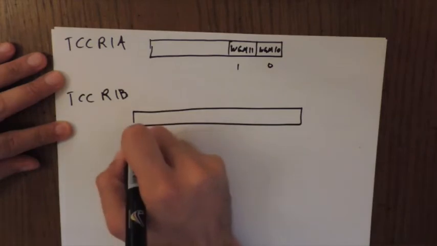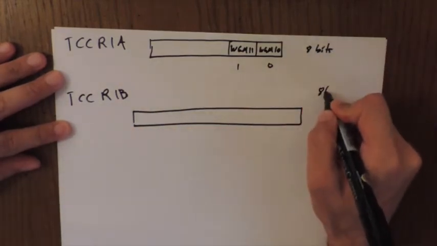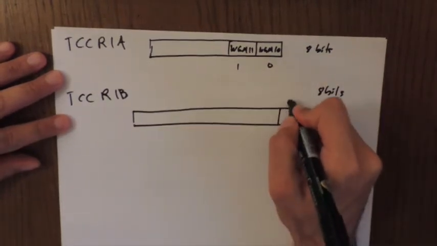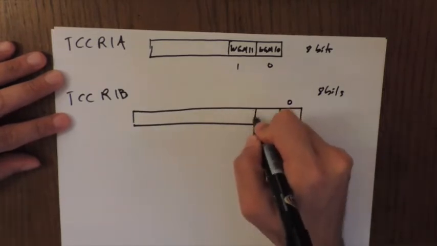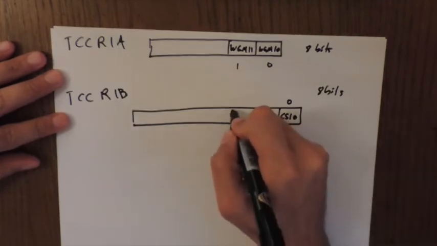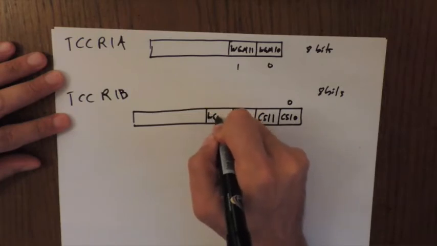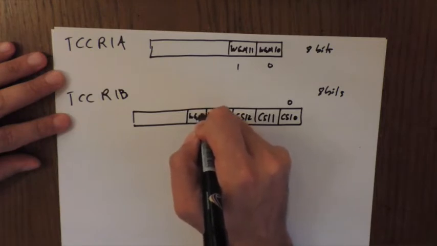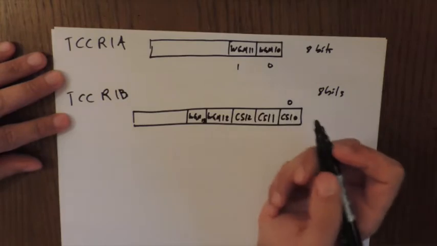Both registers are 8 bits. Don't get fooled, because I want to use only some of the bits. With TCCR1B, I'm interested in bit 0, which is called CS10, and then CS11, CS12, and then WGM12, WGM13, and these are the bits that I'm interested in.